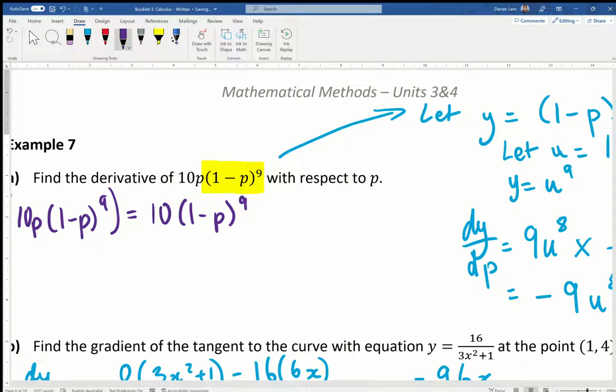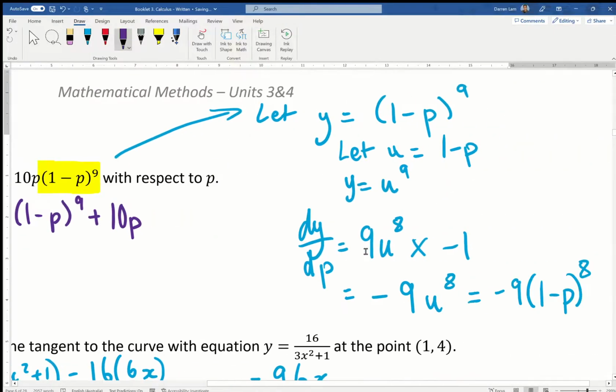And then I'm going to add the original of the first component, 10p, multiplied by the derivative of the second component. We've already done that. We said it was -9(1 minus p) to the power of 8. So I'm going to multiply that by -9(1 minus p) to the power of 8.